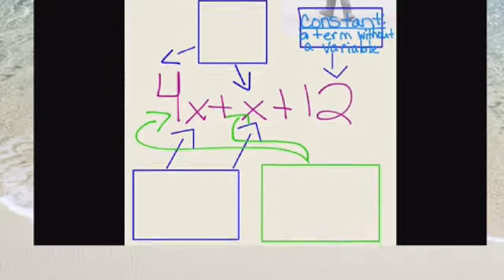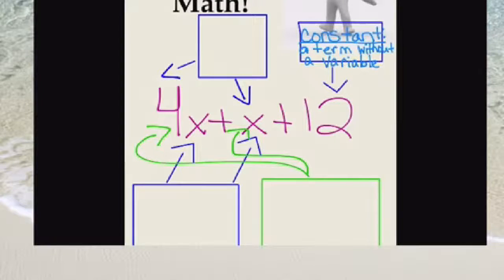The next thing we're going to talk about is something called like terms, okay? So you can see here that 4x and x both have an x in them.